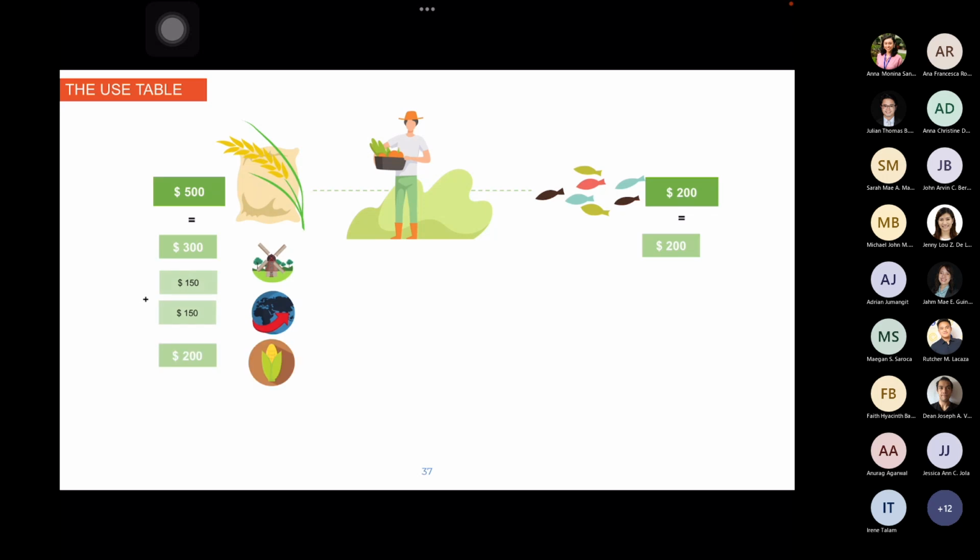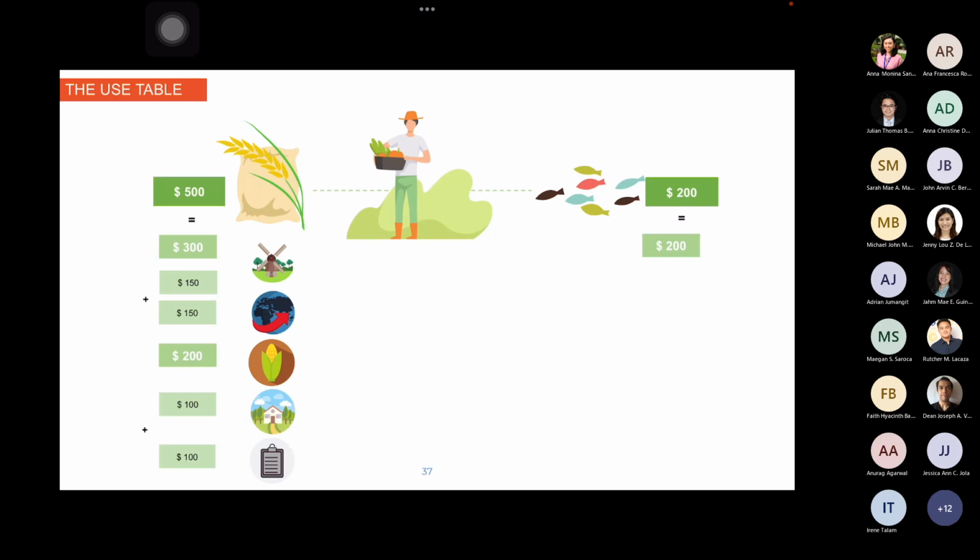So the remaining $200 worth from the $500, let's say, will be for corn supply, and for that, $100 is sold to the grocery to be purchased and consumed by households, while the remaining $100 is kept in inventories. So for crops alone, we have explored different uses.